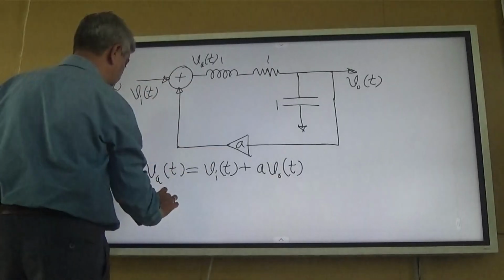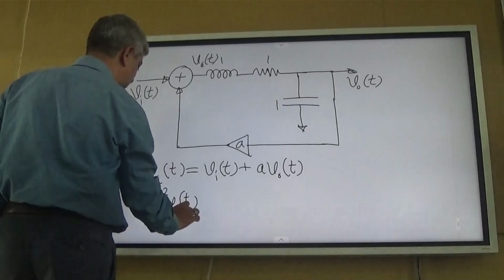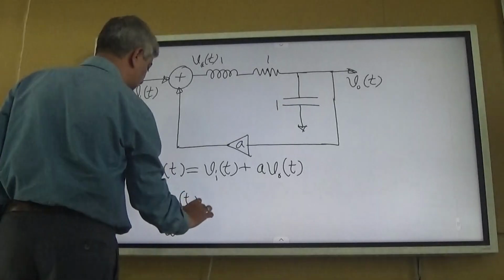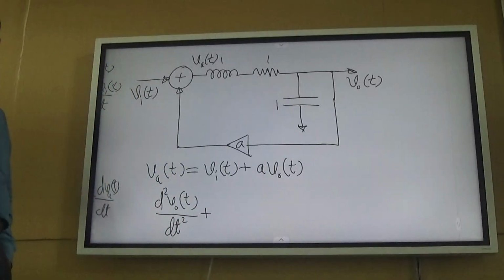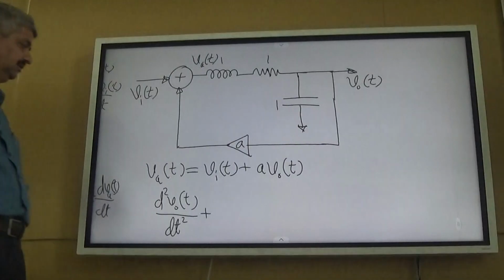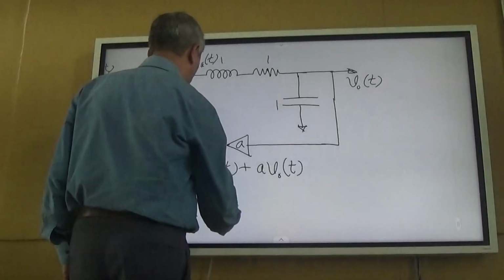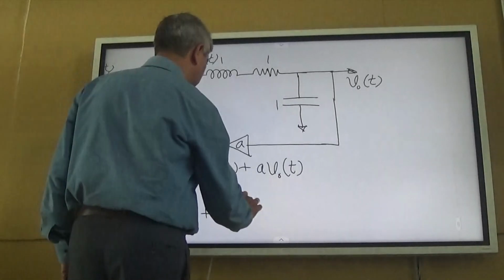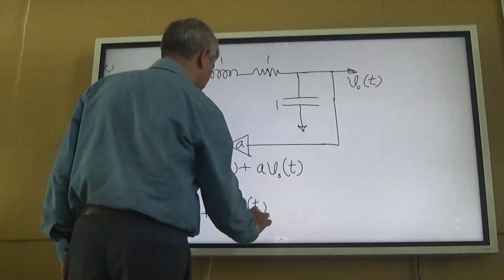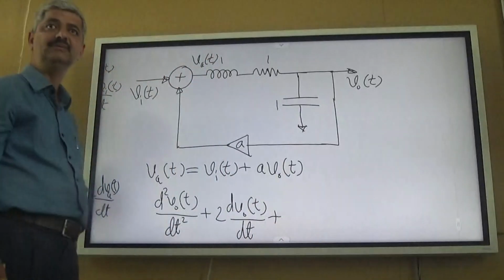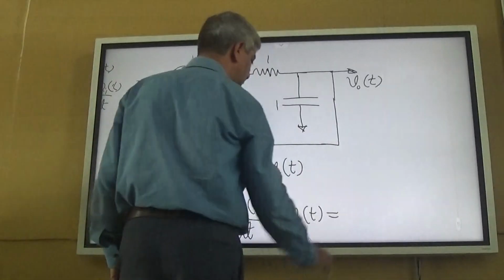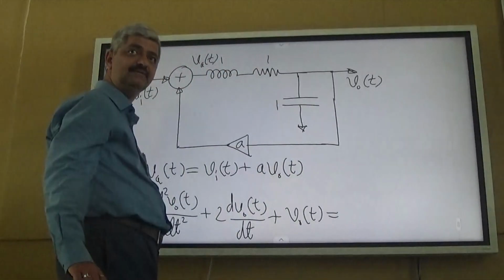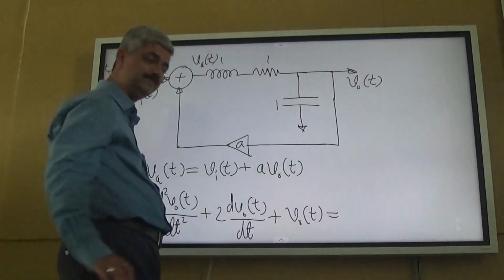d2 VOT upon dt square plus 2 dVOT upon dt plus VOT is equal to V in into, right? dV in by dt.